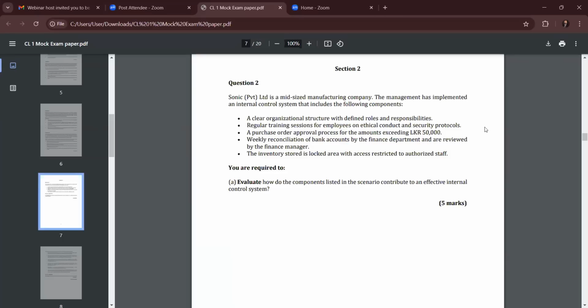Last one, students. Physical controls over inventory will prevent inventory from theft and ensure frauds are prevented.